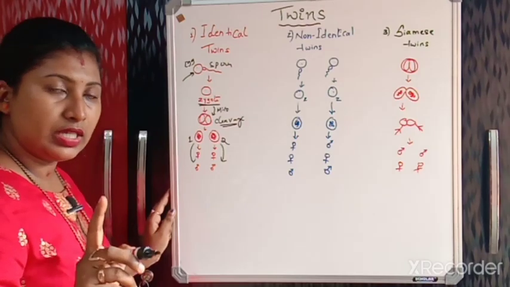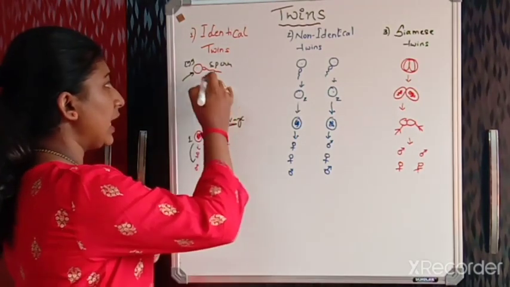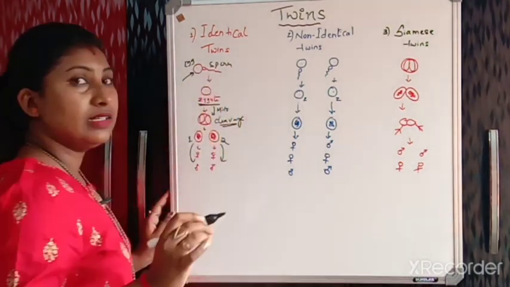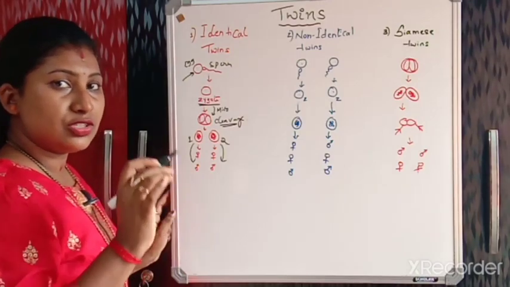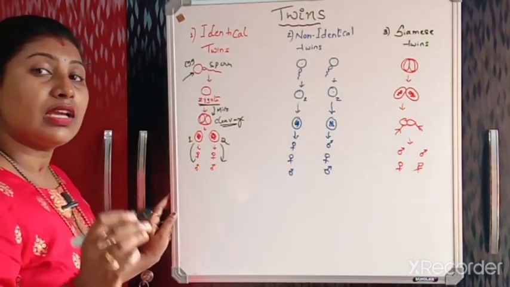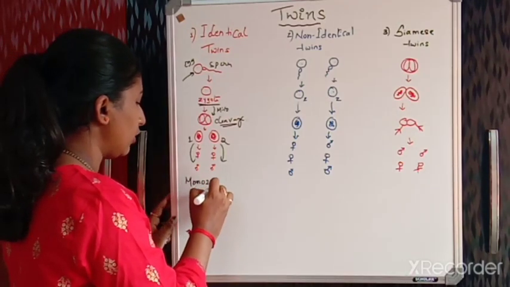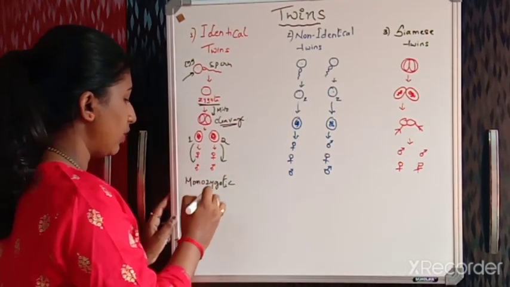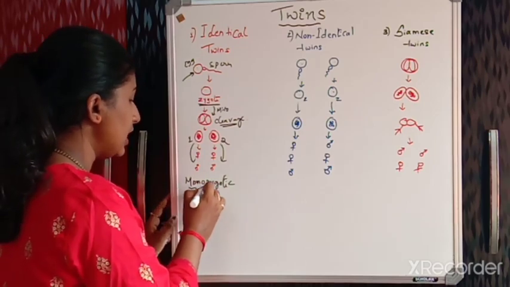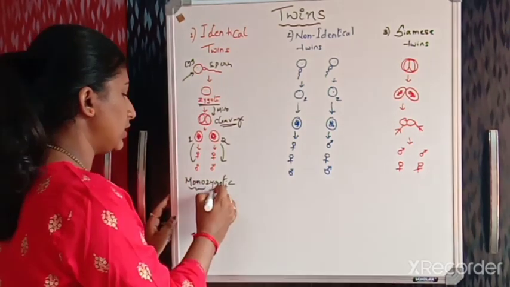Here one thing is clear, they arise from a single egg and a single sperm. Such a case is called monozygotic twins. Why? Because they arise from a single zygote.